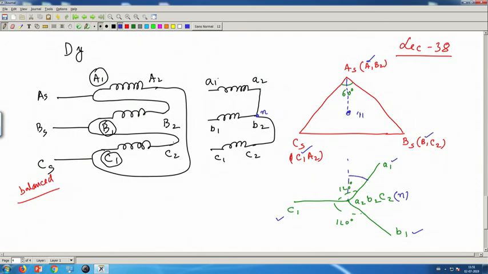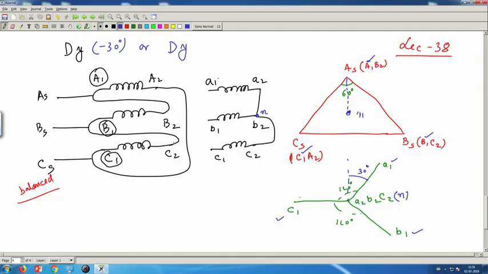So, this is 30 degrees. It will be 30 degrees, and therefore, I will say that the secondary voltage is lagging the primary voltage with respect to neutral by 30 degrees, so I could write it as minus 30 degrees, or you could write D Y.